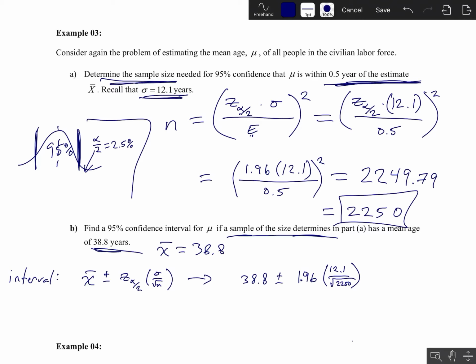Then what we end up getting is, let's do the addition first. So if you do the addition first, then what you'll get is the right endpoint is 39.3.